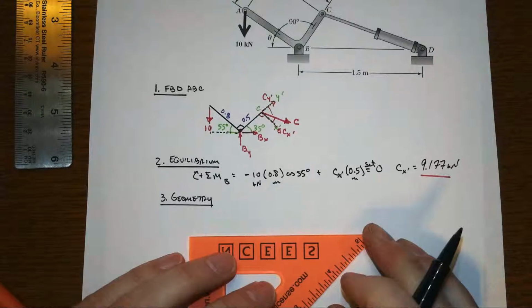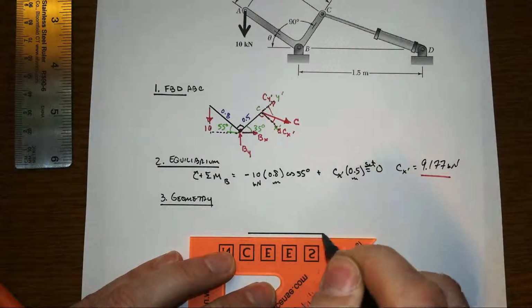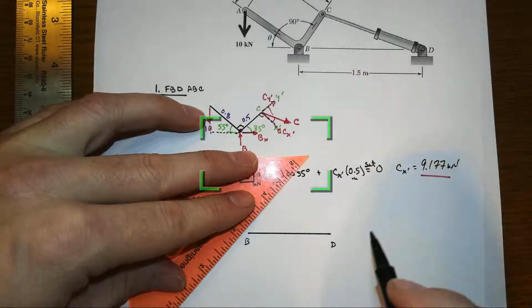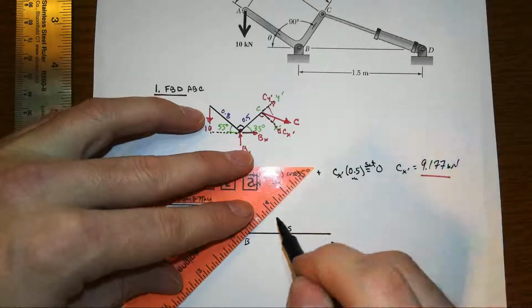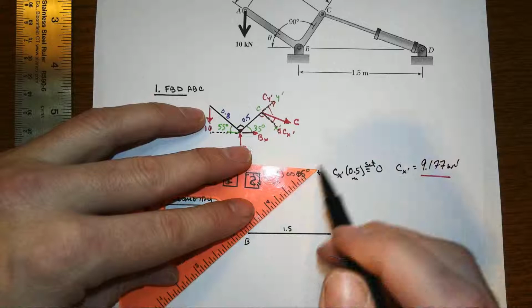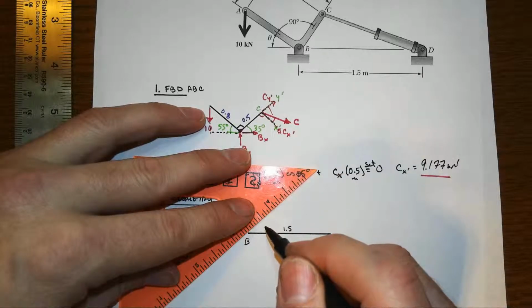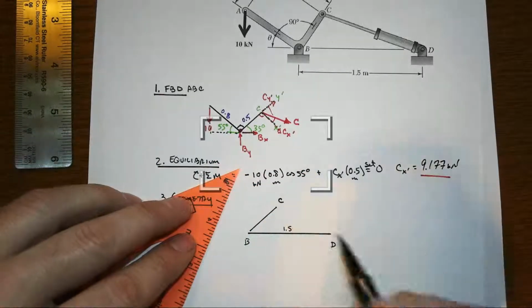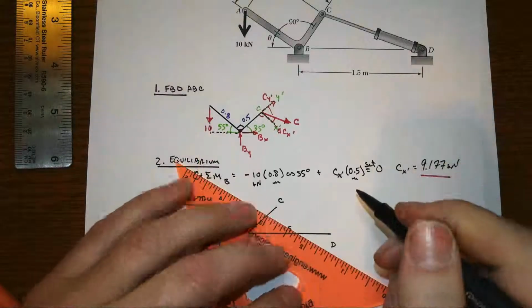And so now let's draw the triangle BCD. There's B and D at 1.5 meters. And then we've got at 35 degrees BC, and then we've got CD.